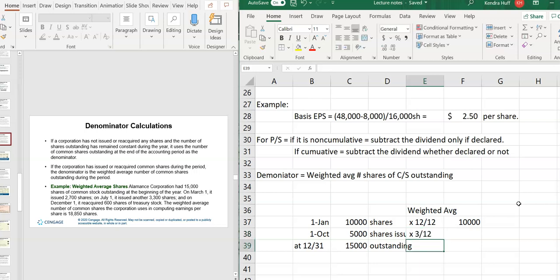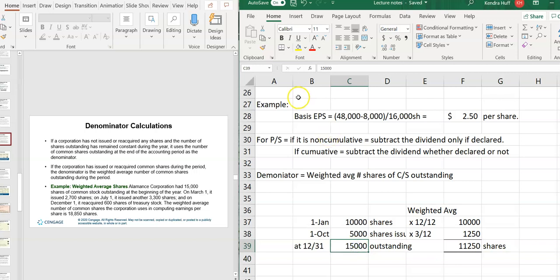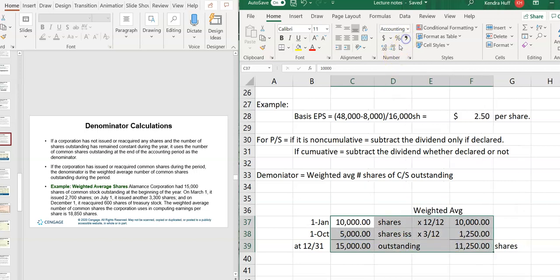So the weighted average only had 1,250 shares there. So the weighted average is going to be this 11,250. If you divide by the full 15,000, then you're going to understate your earnings per share. And trust me, corporations do not want to understate their earnings per share.